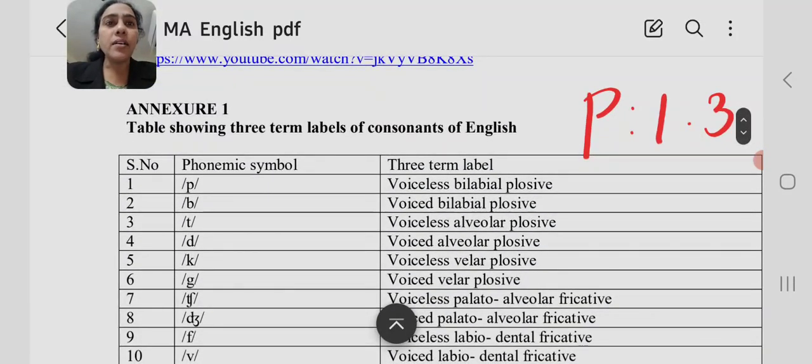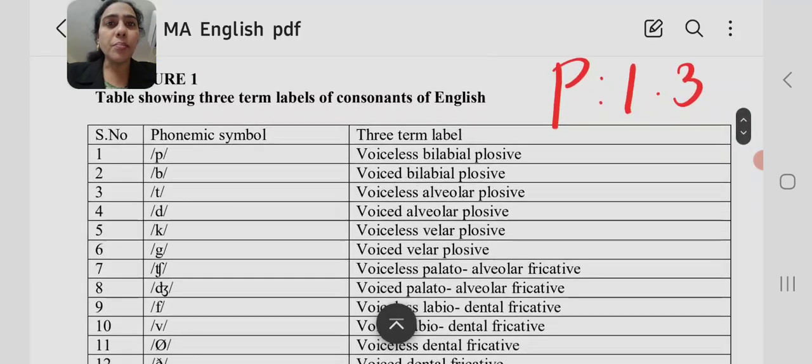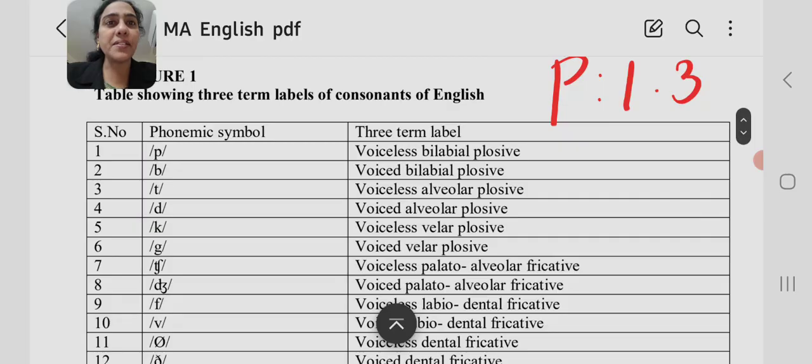Let's go ahead to the practice of the phonemic symbol. There are 14 marks in your hand once you are very thorough with the phonemic symbol. Look here. The voiceless bilabial plosive is the category, or the three-term label, to which the p sound belongs.